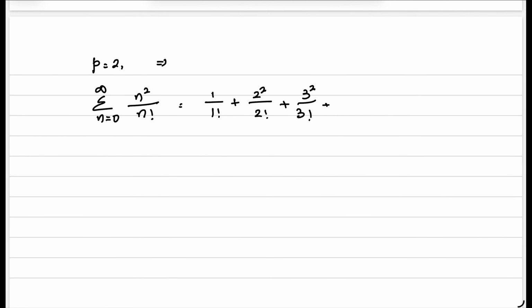Now, if P is equal to 2, what happens to the series? Sigma n is equal to 0 to infinity n square by factorial n, because P is equal to 2. That means 1 by 1 factorial plus 2 square by 2 factorial plus 3 square by 3 factorial plus 4 square by 4 factorial plus and so on.